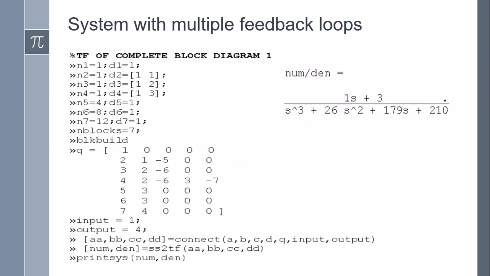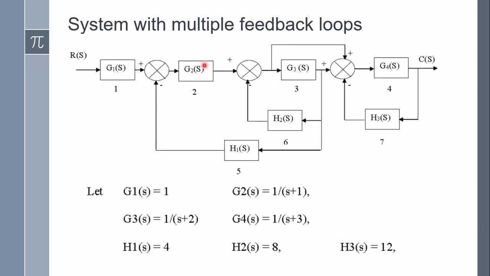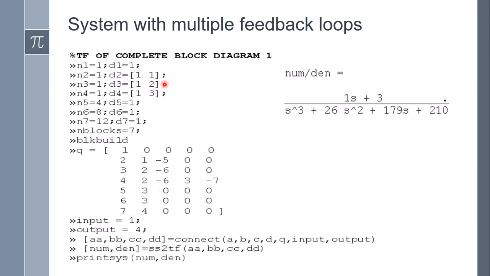So how should I represent it? 1 and -5. Block 2 is receiving only 2 inputs, one from block 1 and another from block 5. From block 1 it is connected to positive, from block 5 the output is connected to negative. So that's why the entries are 1 and -5.